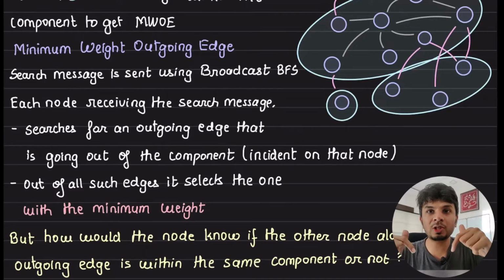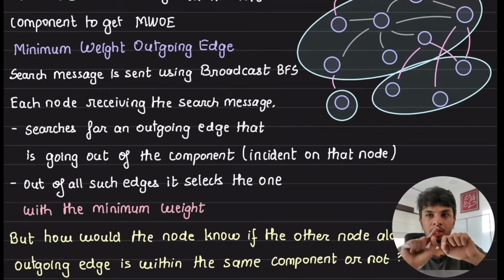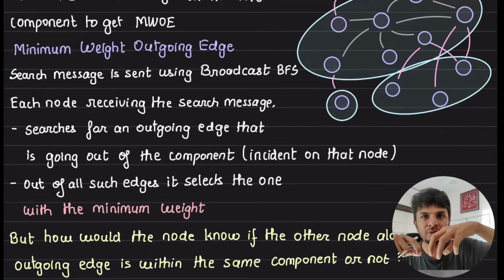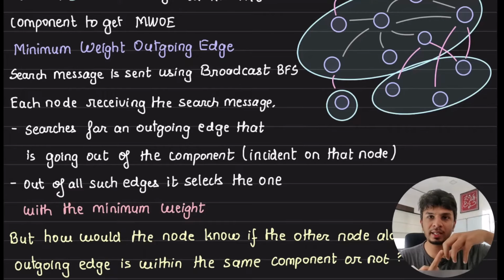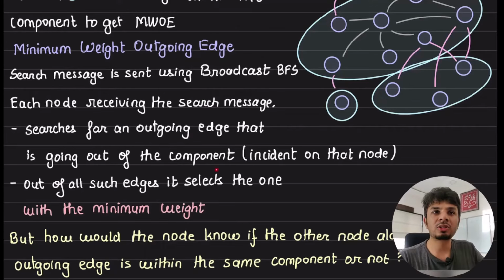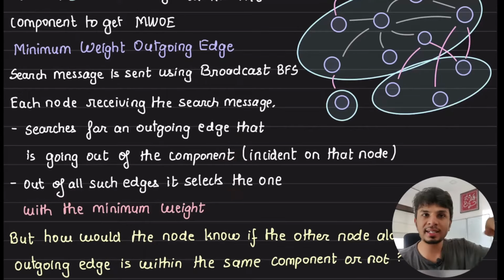It's the responsibility of the node, because only the node knows the edges that are going out of itself. It is still not sure if it is connecting some other component or not, right? All it knows is that I received a search message. Now I have to find all the edges that are going out of me and see which one is the minimum of that, right? So it searches for an outgoing edge that is going out of the component. We'll talk about how it does it. And out of all such edges, it selects the one with the minimum weight.